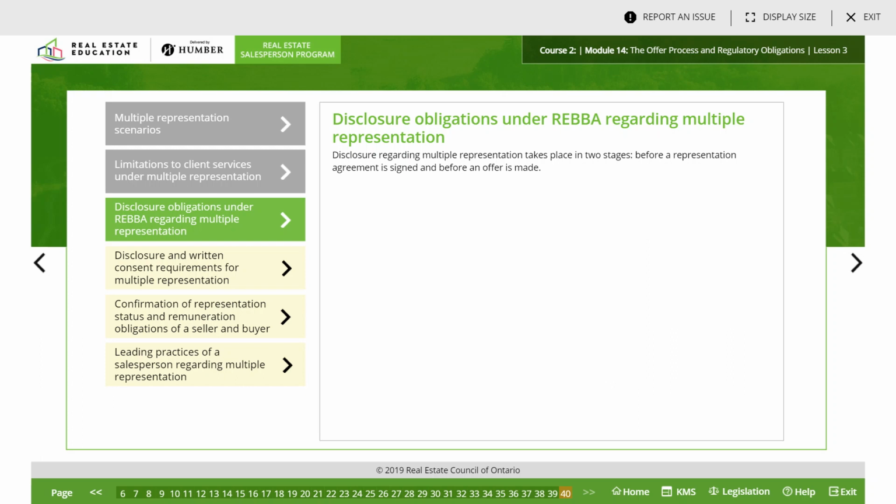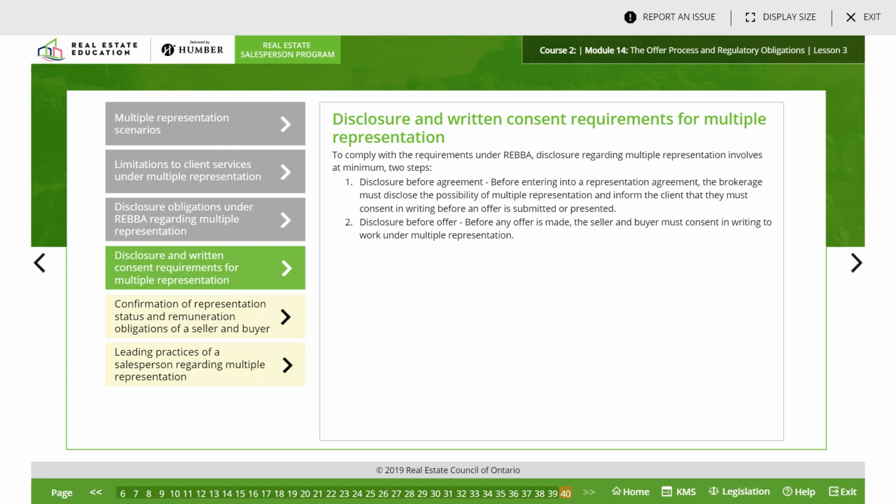Disclosure obligations under REBA regarding multiple representation. Disclosure regarding multiple representation takes place in two stages: before a representation agreement is signed and before an offer is made. Disclosure and written consent requirements for multiple representation. To comply with requirements under REBA, disclosure involves at minimum two steps.